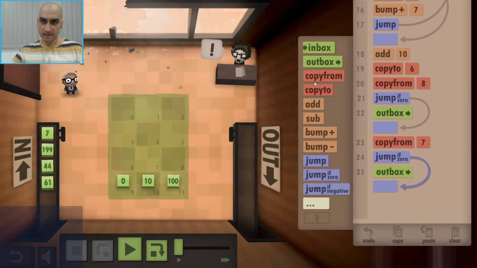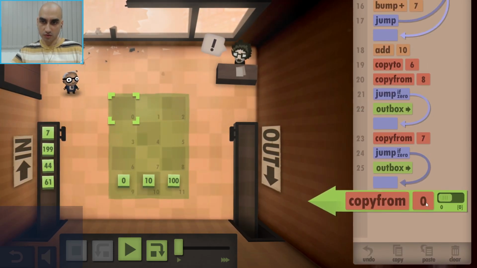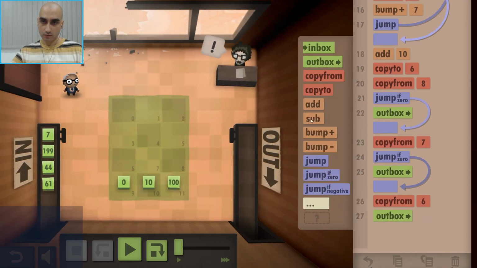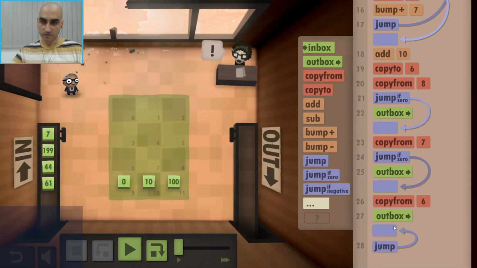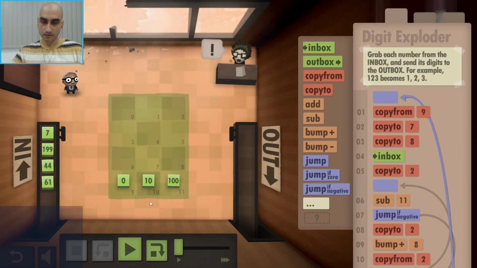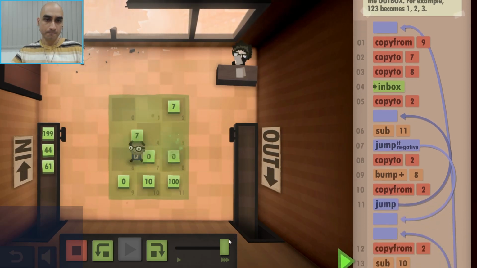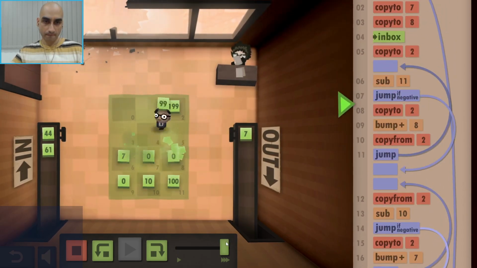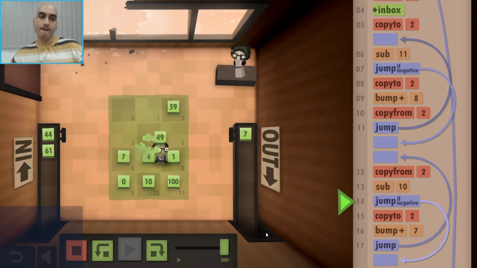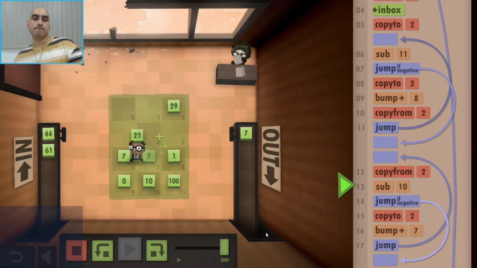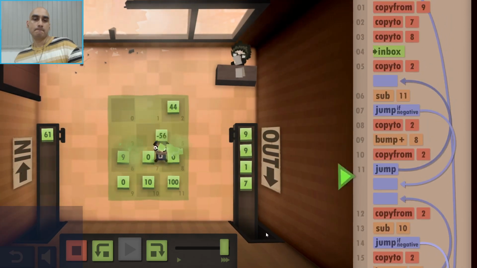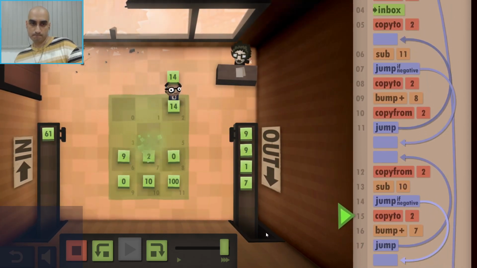And then I guess the units we have to output, so... And jump back right to the start. That's cool.